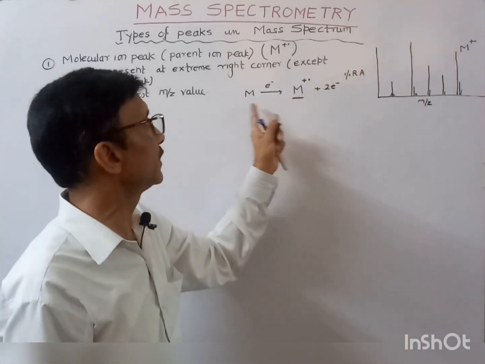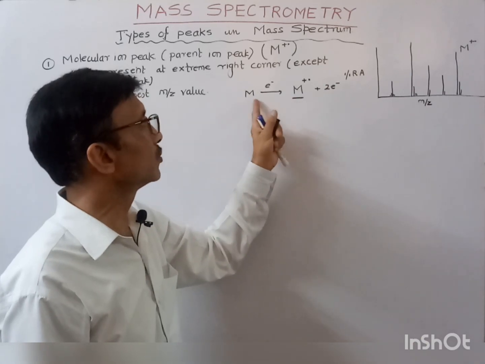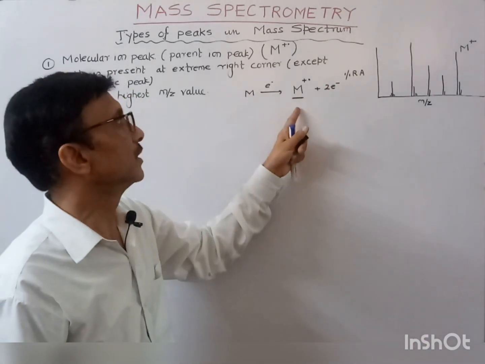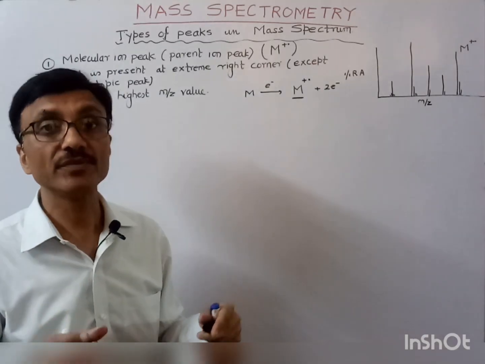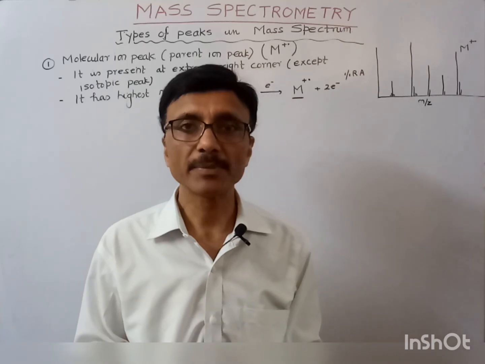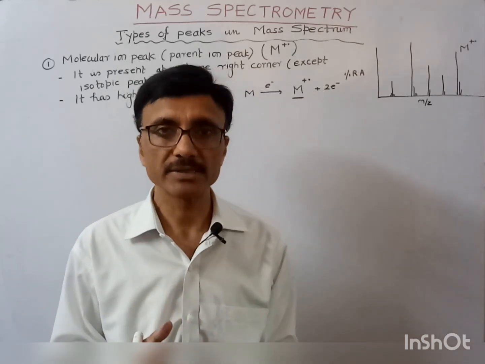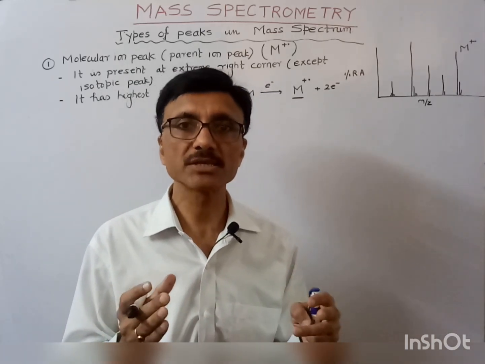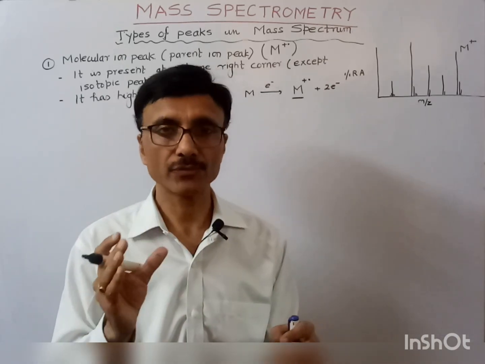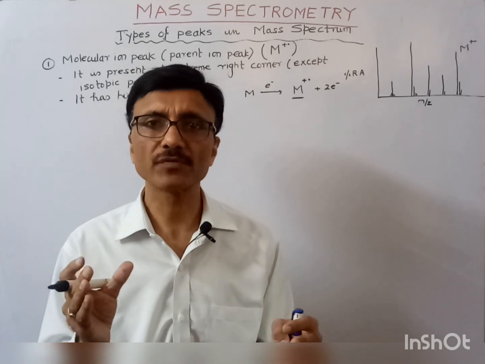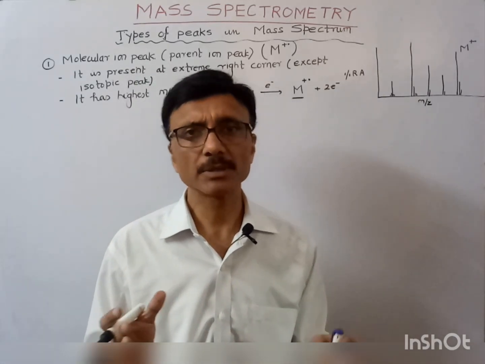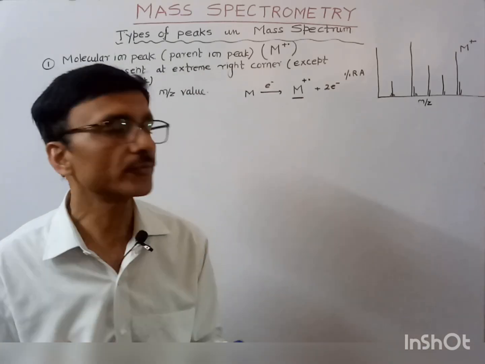If you compare these two, the molecular mass of the molecular ion and the molecule is the same. If we remove one electron from any atom, what will happen? The molecular mass will remain the same. As you know, the molecular mass depends upon the mass of protons and neutrons. It doesn't depend upon the mass of the electron, as the electron has very negligible mass in comparison to the proton and neutron.